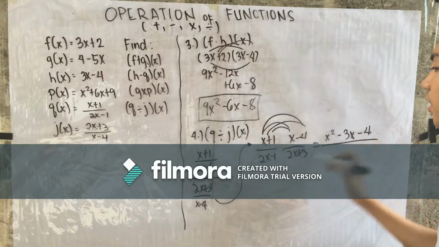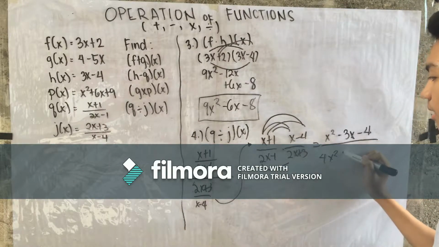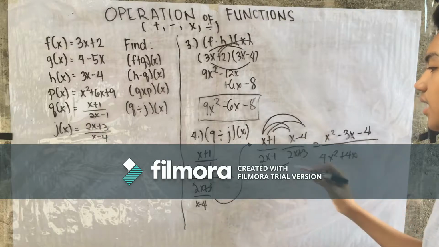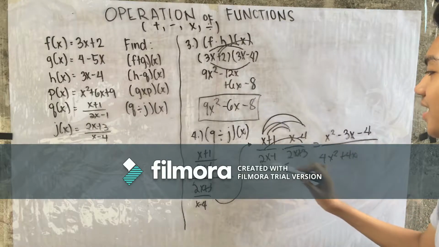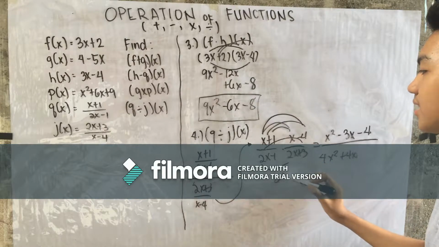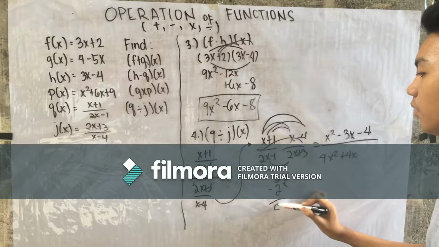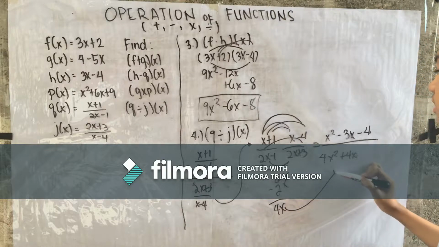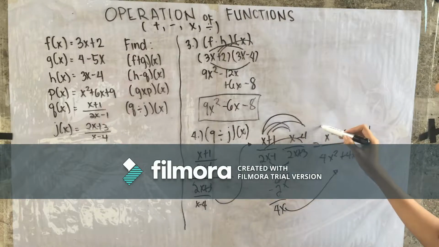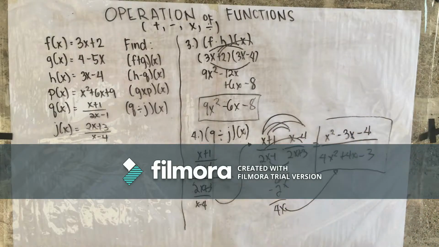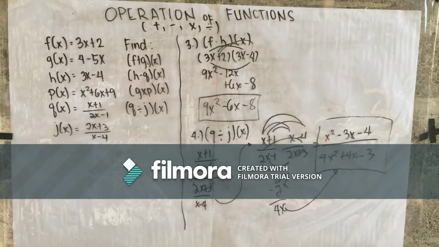Then, all over 4x squared plus 4x kasi outer to outer is 6x, then inner to inner is minus 2x, so 4x. Then last to last is negative 3. So ito yung final answer. Last one.